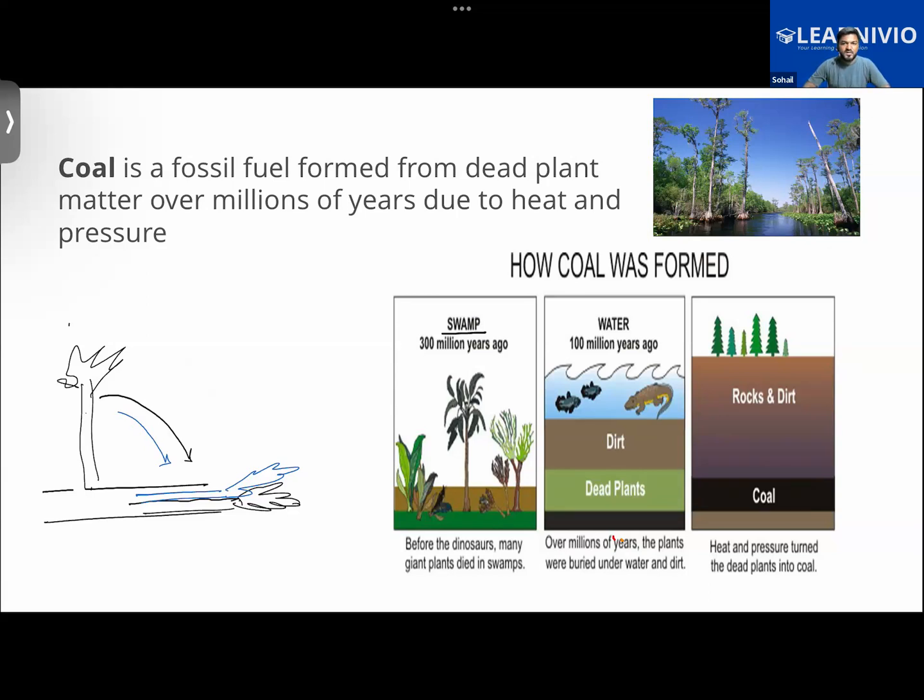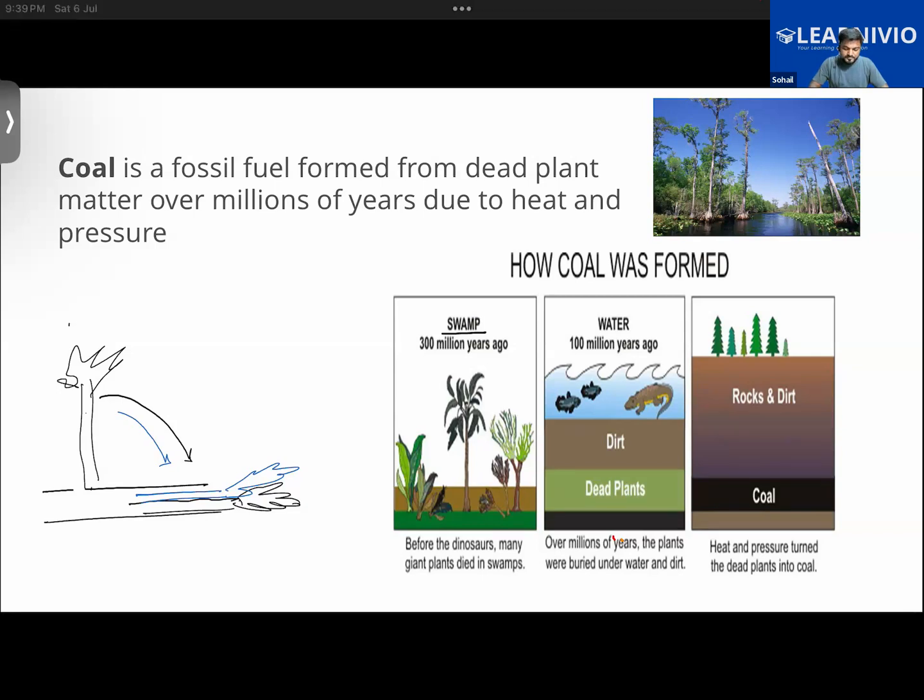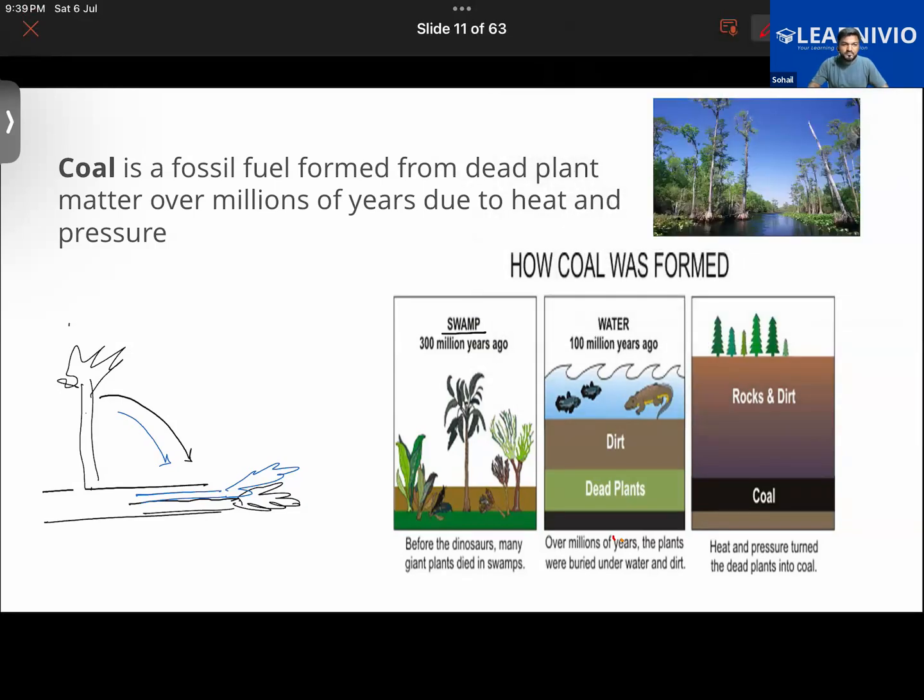Ibrahim, can you explain how the coal formation took place? Millions of years ago, in a swamp, many trees died and were buried deep into the soil.